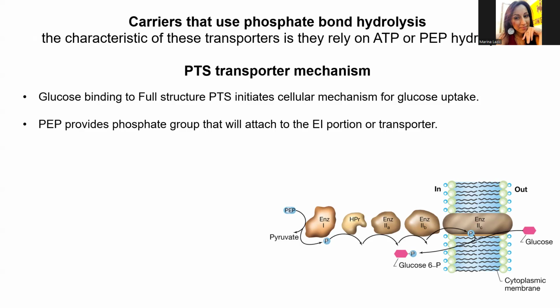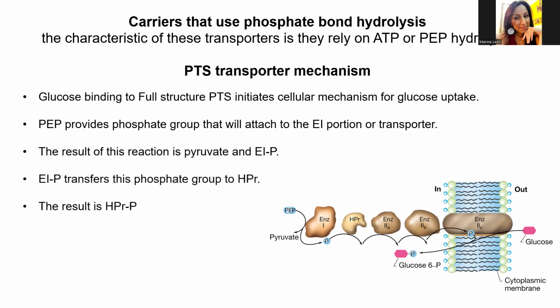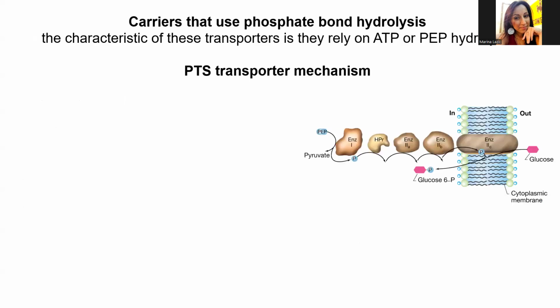Once that phosphate group is added, E1 becomes phosphorylated E1-P. E1-P now has a phosphate group that will be delivered to the next component in line, which is called HPr, where HPr accepts the phosphate and becomes phosphorylated, as the name says, HPr-phosphate.